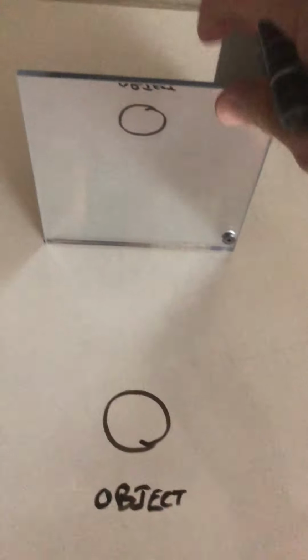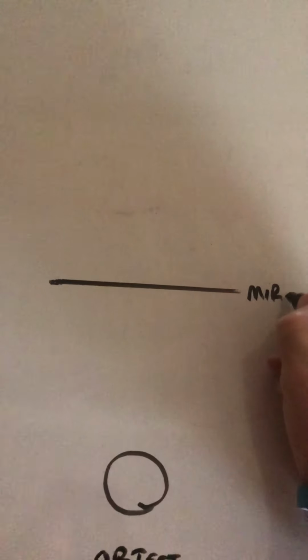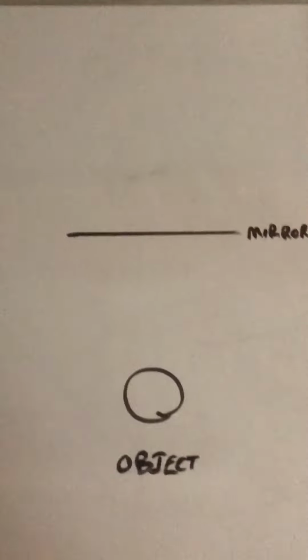And label that object. I already have a line drawn where the mirror would be. So that would be my mirror. I'm going to show you what happens in terms of the law of reflection. So back here, equidistant, is where the image is located.